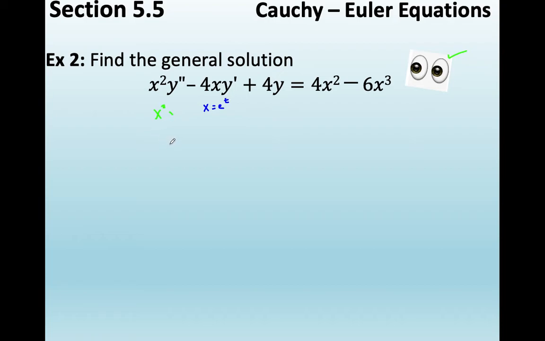So what do I have? Okay, so there's my transformation. Now I'm going to find my complementary.